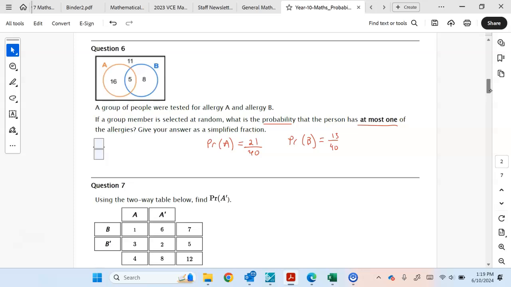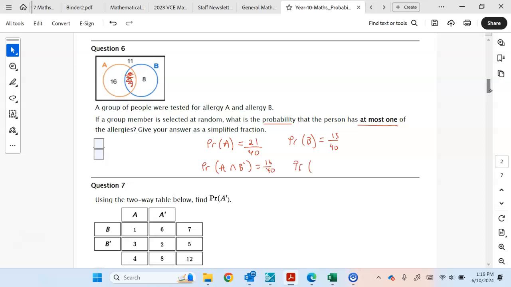And we only want at most one allergy. So we can't have these 5. So we're going to do the probability of only A, which I probably should have done in the first place. So we want A and not B, which is 16 over 40.